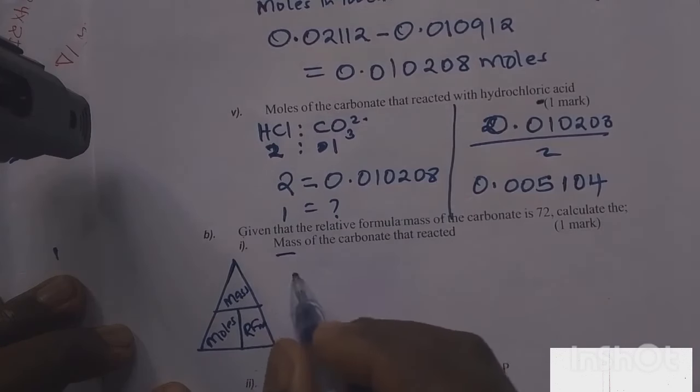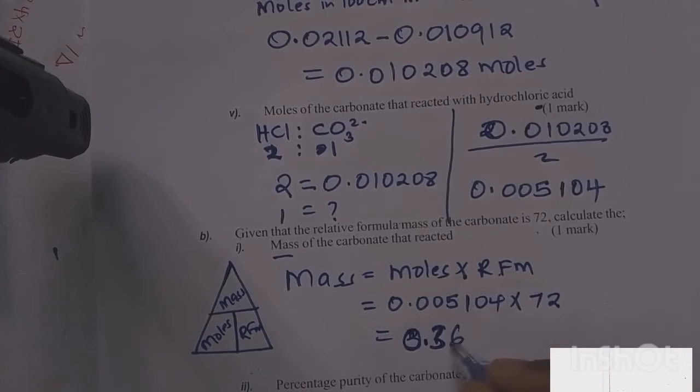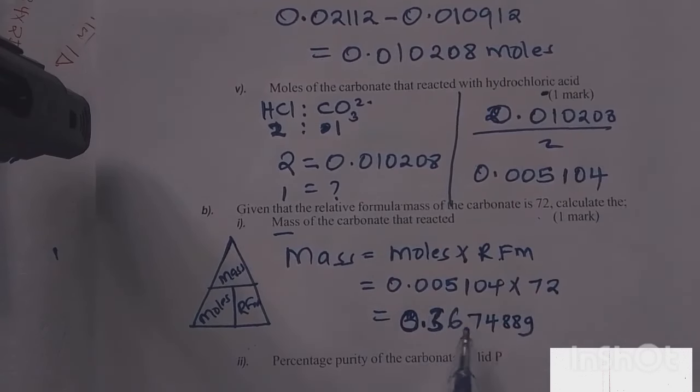Therefore, mass is equal to moles times RFM. Our moles is 0.005104 times RFM. You have been given 72, and that gives you 0.36 grams. So this is the mass of the carbonate that reacted.